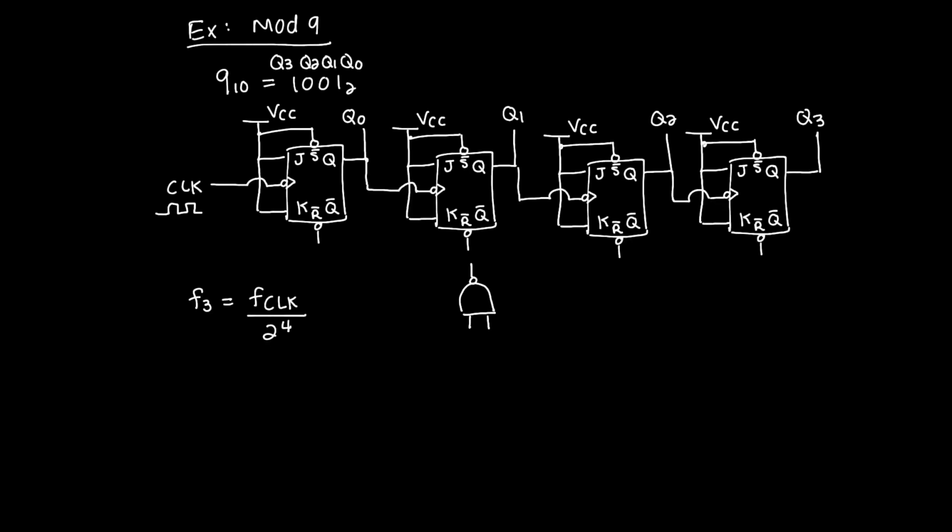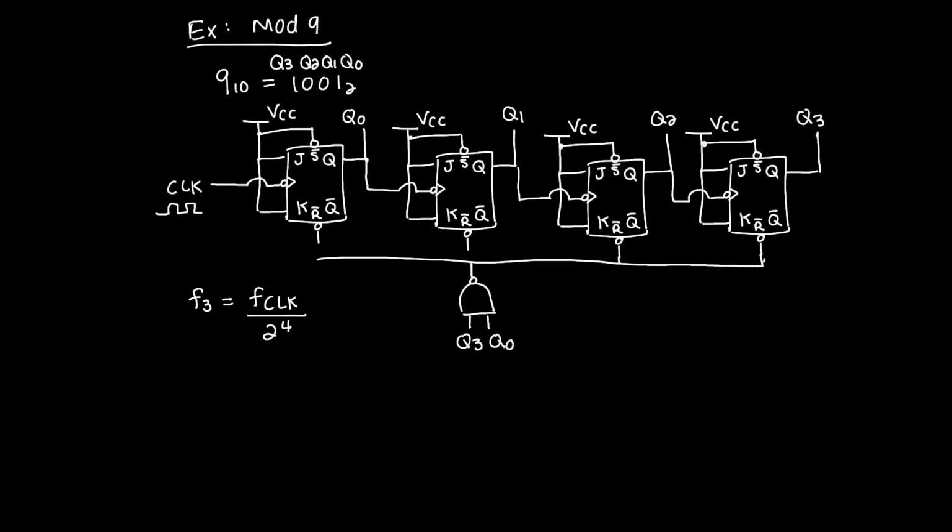So I am going to make a NAND gate whose inputs are Q3 and Q0. And as soon as Q3 and Q0 are both high, and only when Q3 and Q0 are both high, the output of the NAND gate will go low.